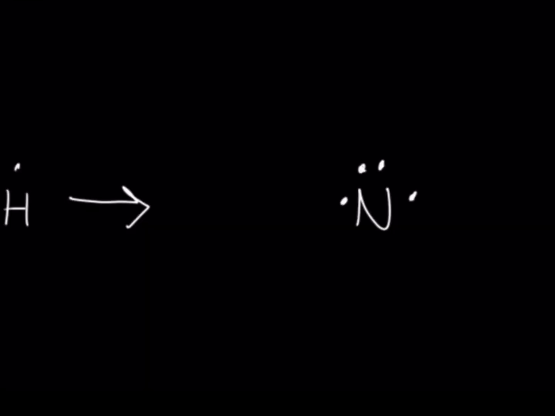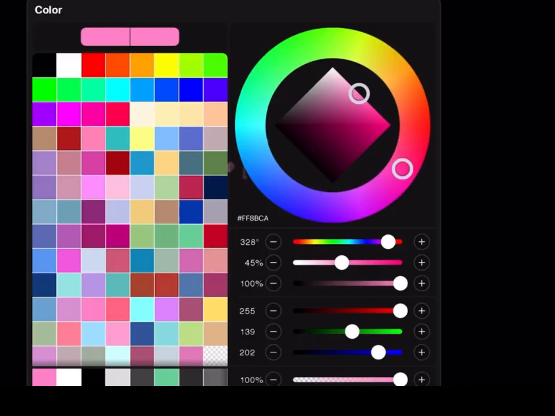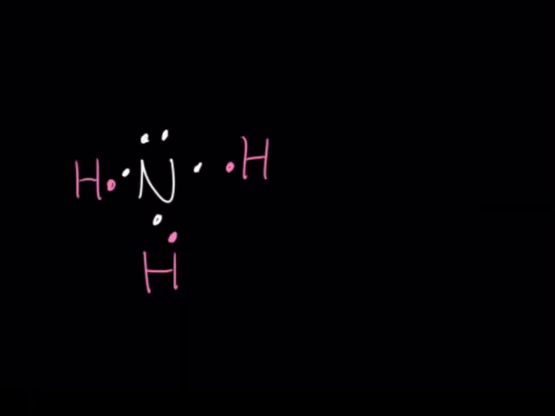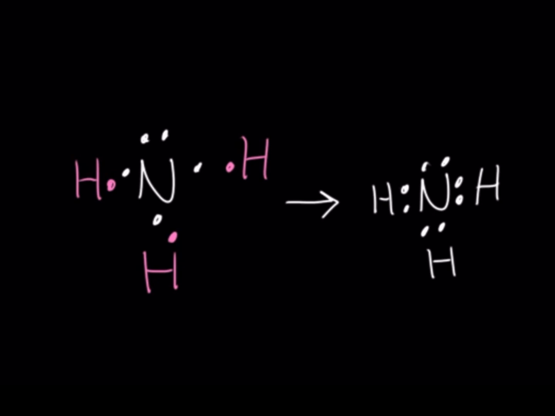And then we're going to add our hydrogen. Now, we'll switch color for this so it's easier to conceptualize. And you see they fit together in a sense, which will lead to a full octet on the nitrogen. It's sharing the electrons with the nitrogen and hydrogen.